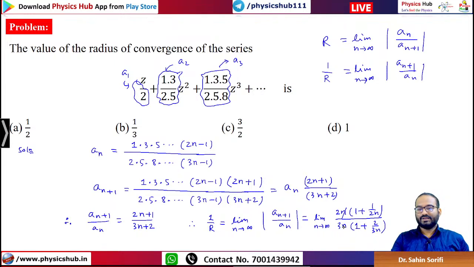So this n gets cancelled, and if you put n tends to infinity, 1 by infinity is 0, 2 by infinity is 0. So you are getting 2/3, and hence r is 3 by 2, option C.